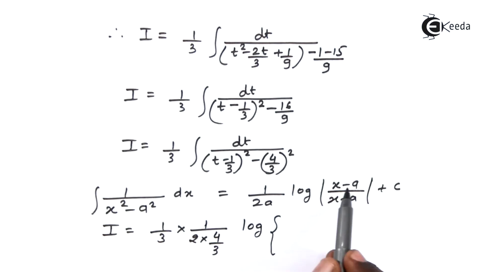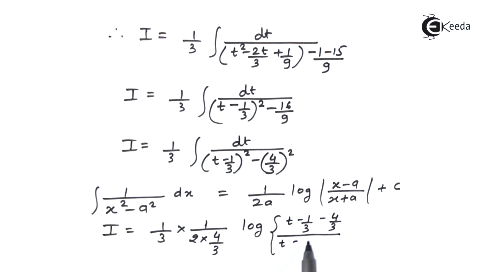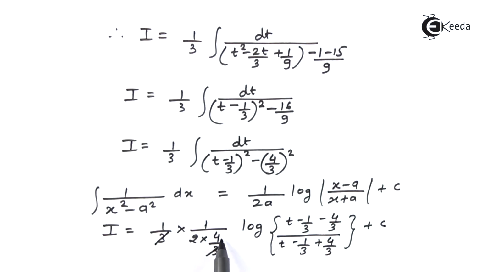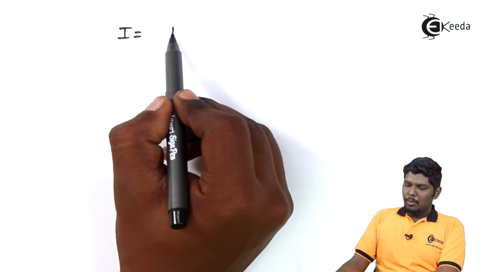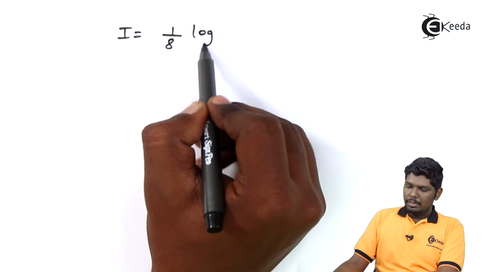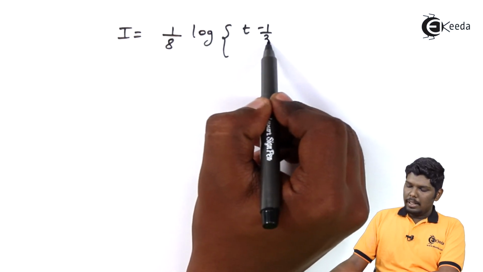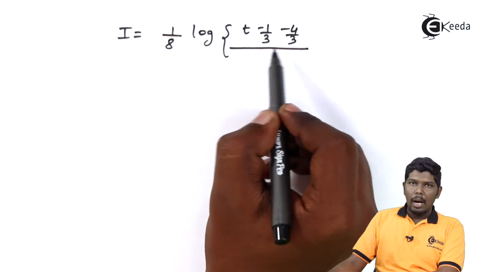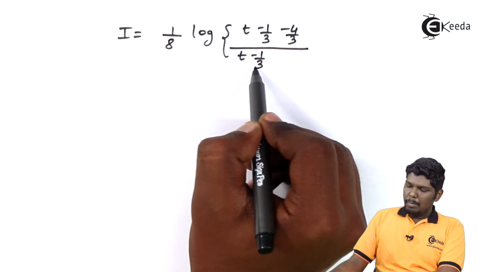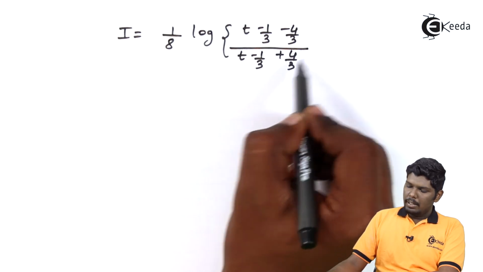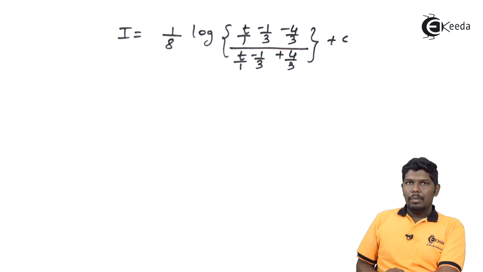Log, we have x minus a, that is t minus 1 upon 3 minus 4 upon 3, divided by t minus 1 upon 3 plus 4 upon 3, plus c. Here 3 will be cancelled and here 2 into 4 will be 8. I is equal to 1 upon 8 log, we have t minus 1 by 3 minus 4 by 3 upon t minus 1 by 3 plus 4 by 3 plus c. Here in the numerator we have 3 fractions and in the denominator also we have 3 fractions.